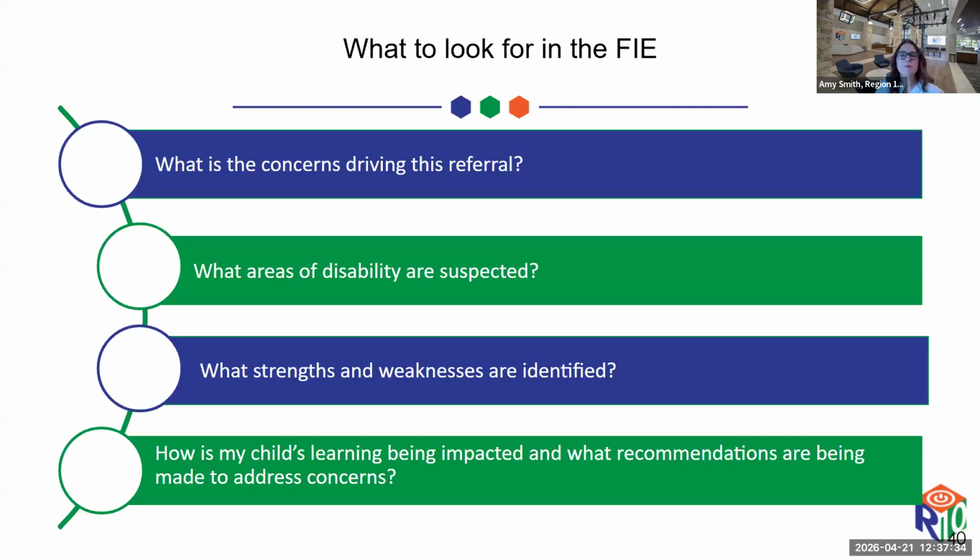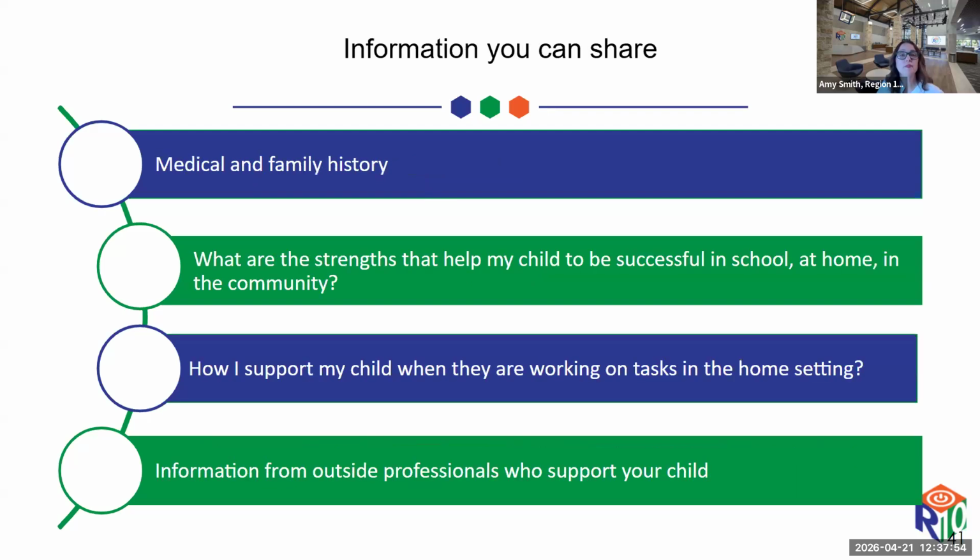So to wrap us up, here are some things we can look for in your child's FIE, right? We're going to look for concerns that drove the referral, areas of disability that are suspected, strengths and weaknesses that are identified, and how your child's learning is impacted and what recommendations are being made to help support those challenges.